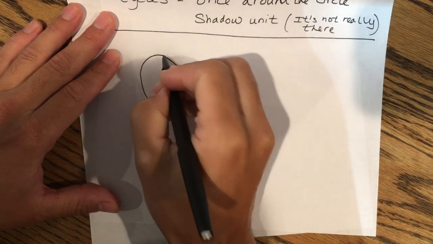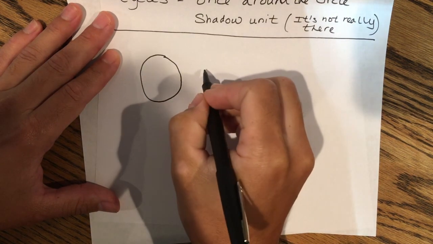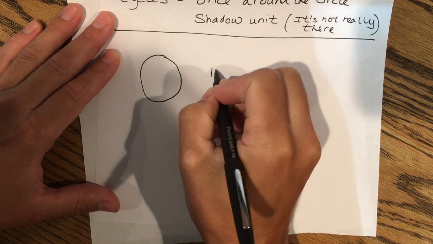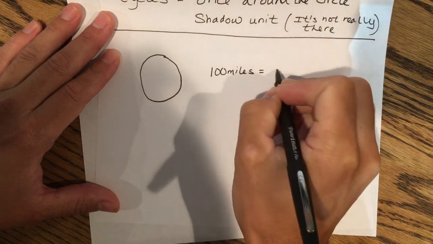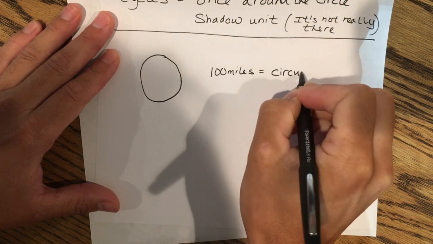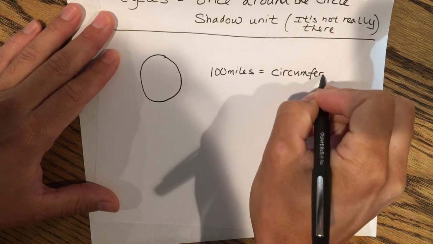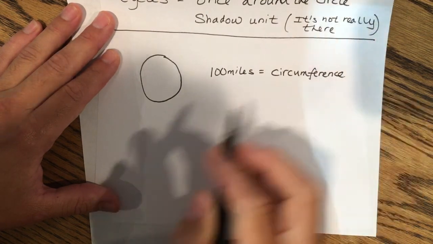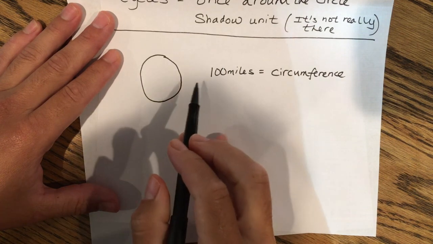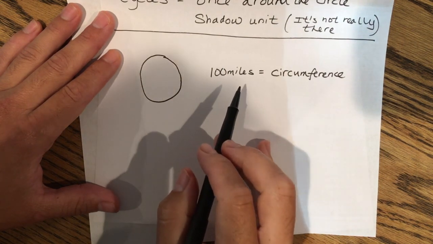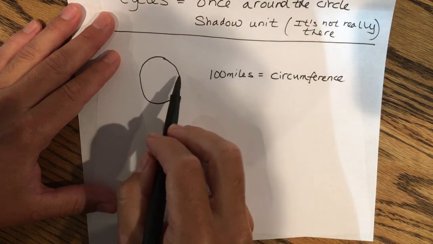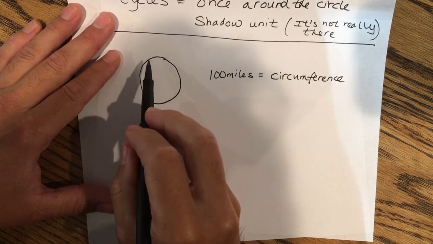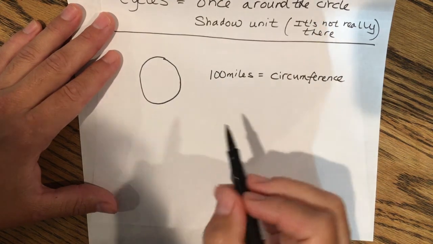And let's say that the circumference is 100 miles. Once around the circle is 100 miles, and therefore the distance of a cycle would be 100 miles.